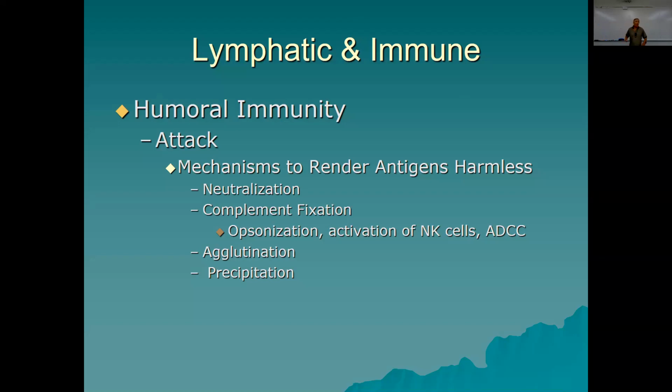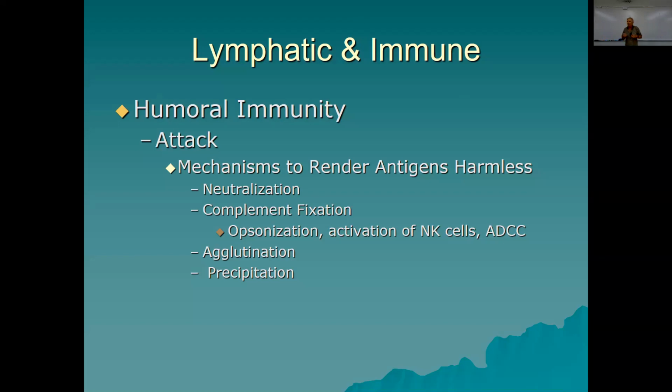Agglutination, and this is similar to blood typing, when the antibodies can agglutinate red blood cells, it can agglutinate, make into clumps, these bacteria or viruses. And what this does is stimulates macrophages to come along and swallow them up. Precipitation is a similar thing. It makes it fall out of solution.